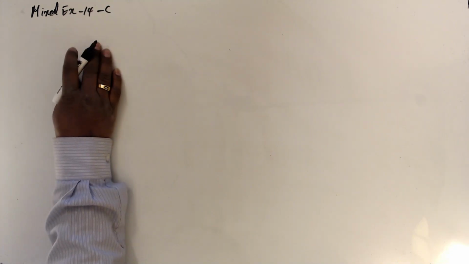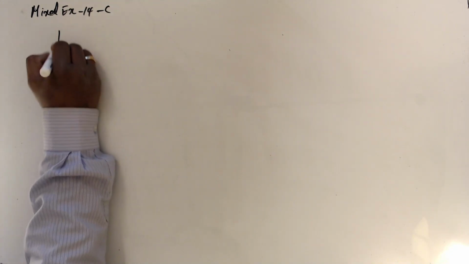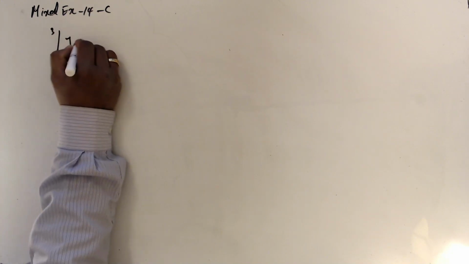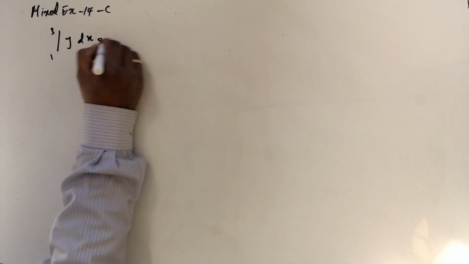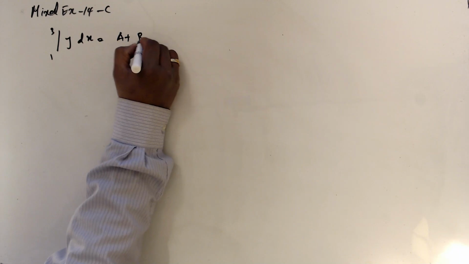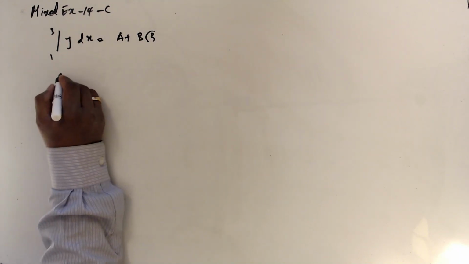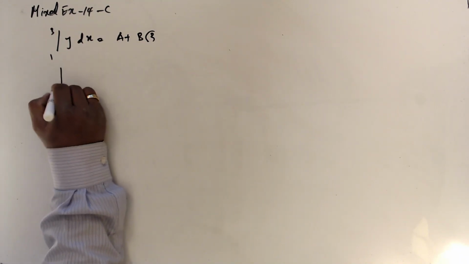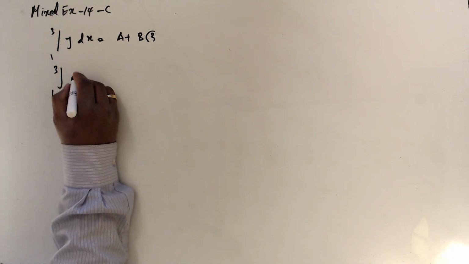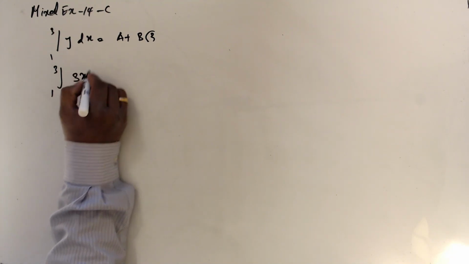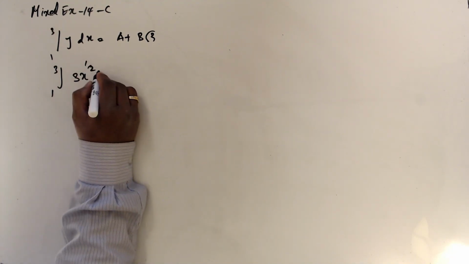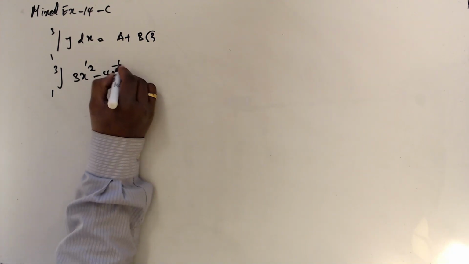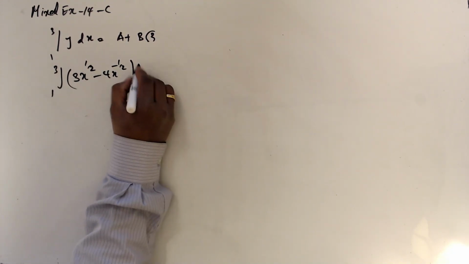Next, exercise 14c. We want to integrate from 1 to 3 of y dx, and we want to write it in this form. So integrate from 1 to 3 of y, which is 3x^(1/2) minus 4x^(-1/2) dx.